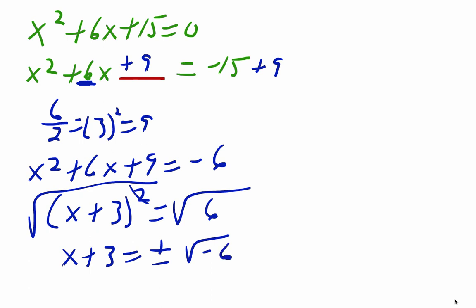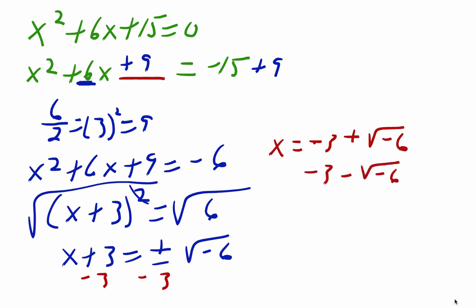Now I'm going to subtract 3, so I'd have x equals negative 3 plus the square root of negative 6 and negative 3 minus the square root of negative 6. You know you can't take the square root of a negative number, so that can be broken down. The square root of negative 6 can be the square root of negative 1 times the square root of 6.